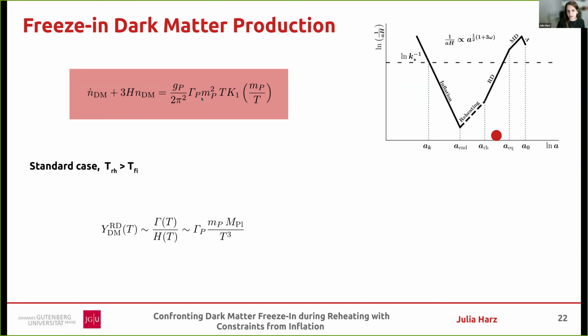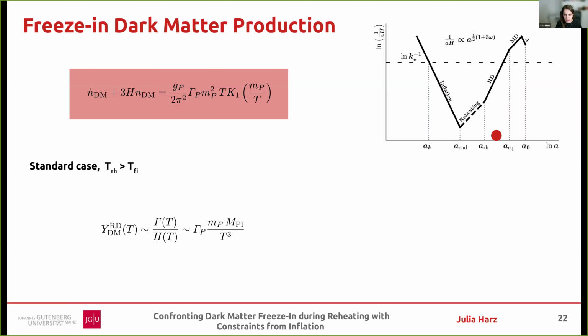I depend here on the decay rate of the parent particle, the mass of the parent particle, here the temperature, and here the Bessel function. And roughly speaking, here is the yield, it's the Gamma, the rate over the Hubble parameter. And as I said, it depends on the parent particle rate, and goes with T to the -3. This is the standard case.